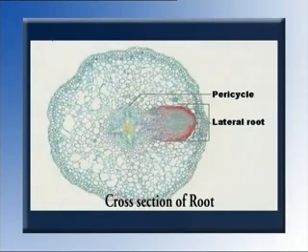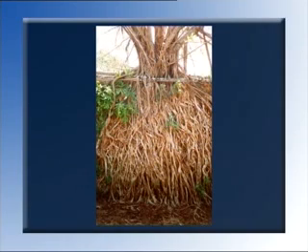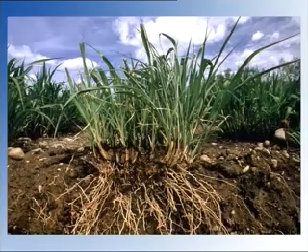Also in roots, the lateral branches develop endogenously, while in stem, the lateral branches develop exogenously. Roots are generally much more crooked or zigzag than stems, as their direction of growth is influenced by a number of obstructions and the moisture content of the soil.